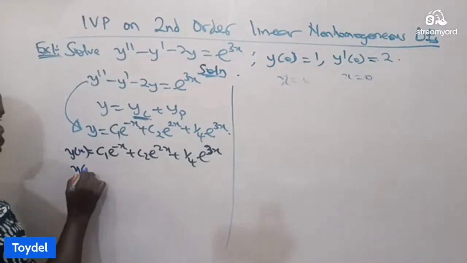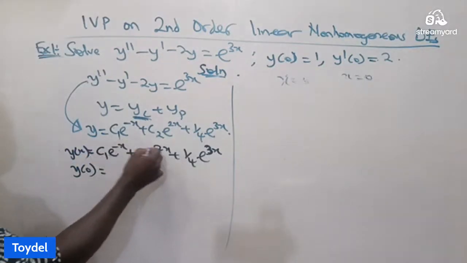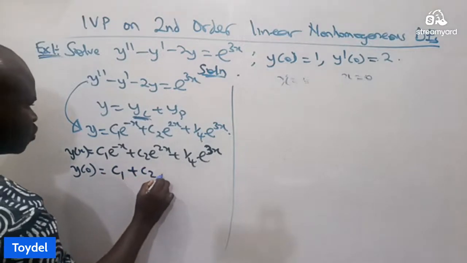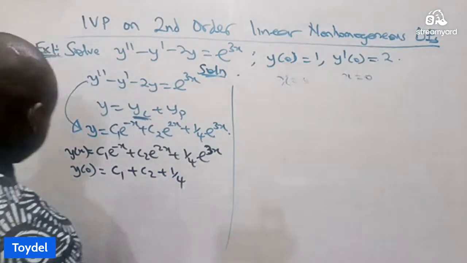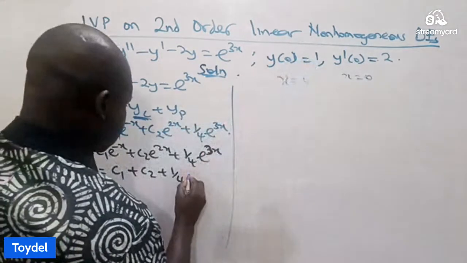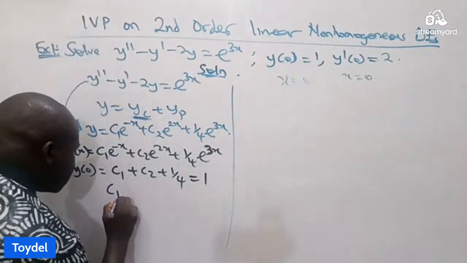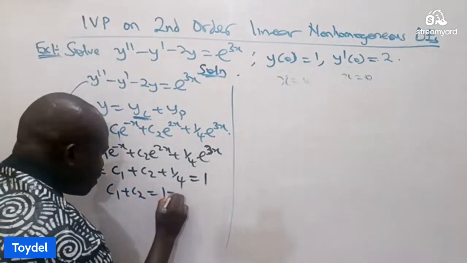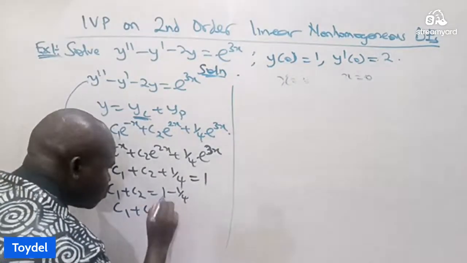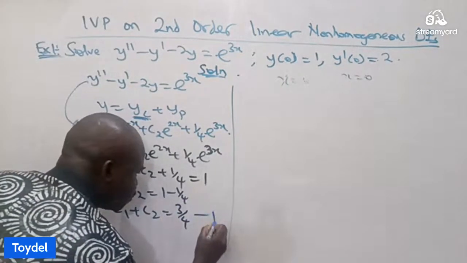So when x goes to 0, y of 0 will be, wherever you see x here, you change it to 0. So we are going to have c1 plus c2 plus 1/4, and it's equal to 1. So c1 plus c2 will be equal to 1 minus 1/4. So c1 plus c2 will be equal to 3/4, equation 1.